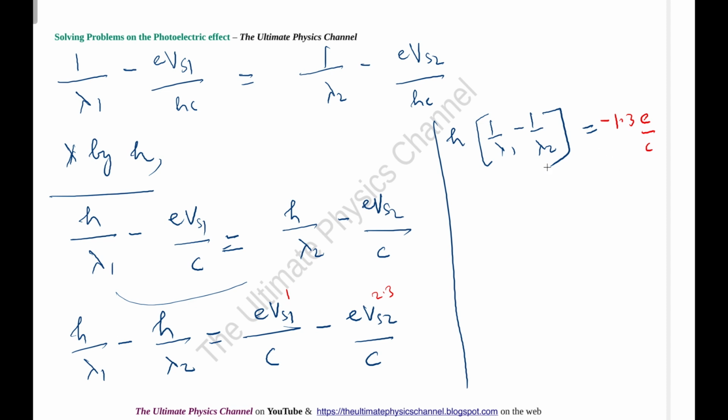Right. Now if you simplify this, h times lambda 2 minus lambda 1, the common factor would be lambda 1 lambda 2 on the denominator, is equal to the right hand side, which remains the same.